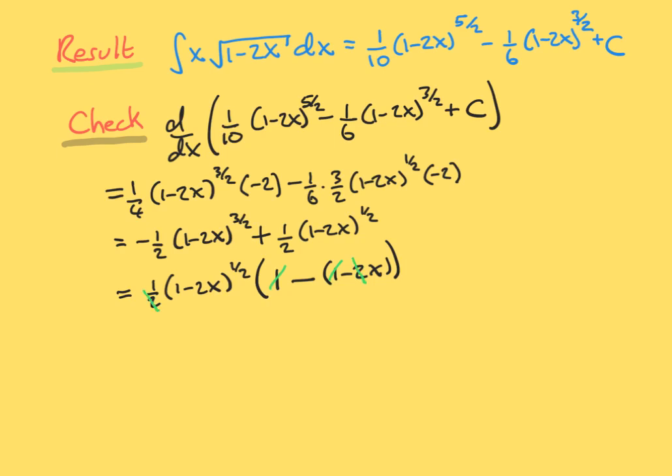So we're going to be left with plus x from this entire bracket times 1 minus 2x to the half, which means, of course, the square root of 1 minus 2x. And this is exactly what we wanted. This is the original integrand. So this is verifying that our integral was correct.